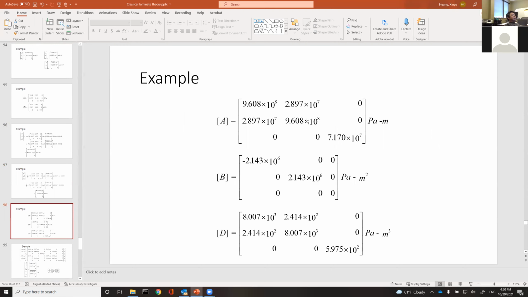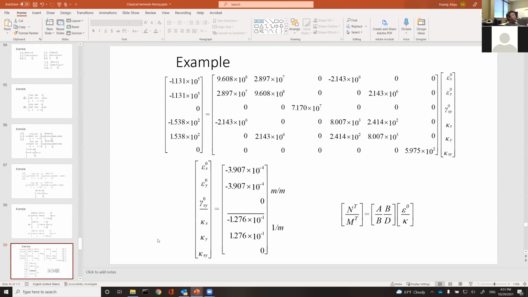ABD is calculated the same way as before, and you can then come to this governing equation. This is your hypothetical thermal load on the left-hand side, the ABD matrix, and that's your mid-plane strain and curvature, and you can solve it.